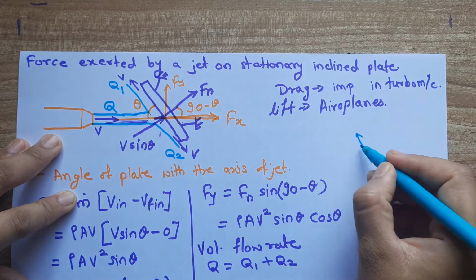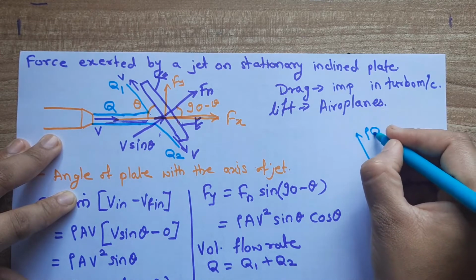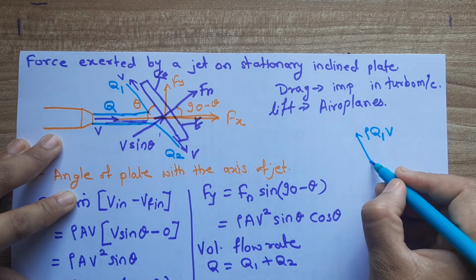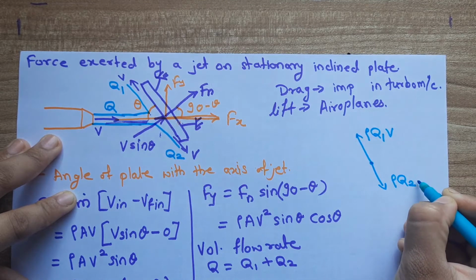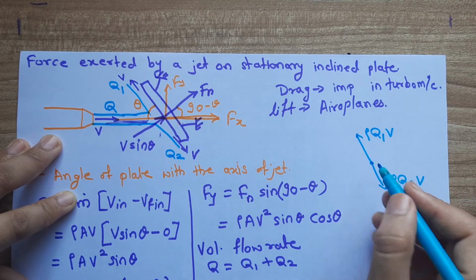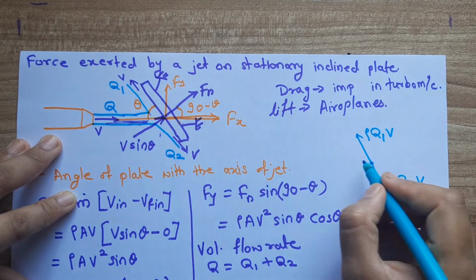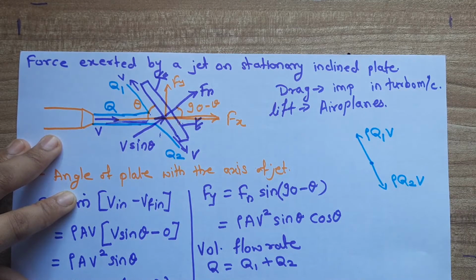So this is the outlet, and the force acting over here is rho Q1 into V. The force acting in the downward direction is rho Q2 into V, and this is equal to the inlet, right?